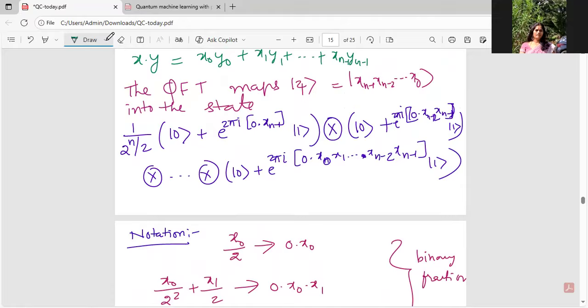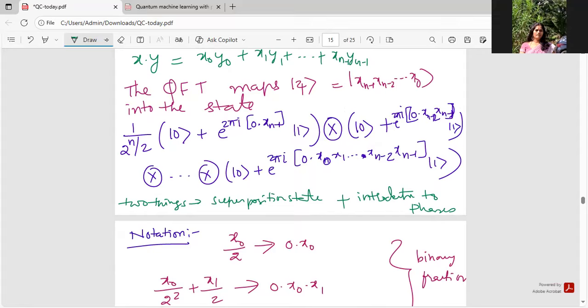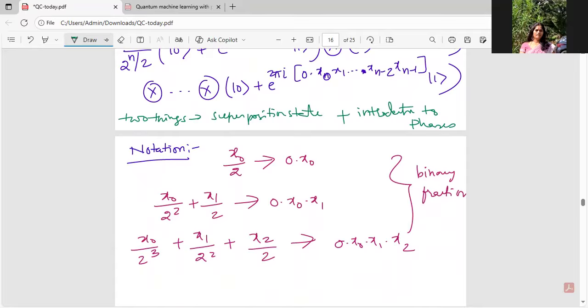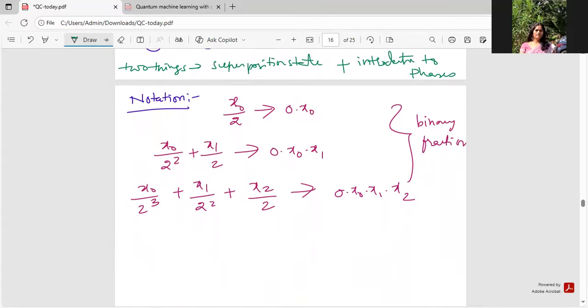Two things are there: superposition state as well as introduction to phases. Phase, you know, right? Phase matrix and all that. Of course, in the next example, anyways, I'll talk about that one.